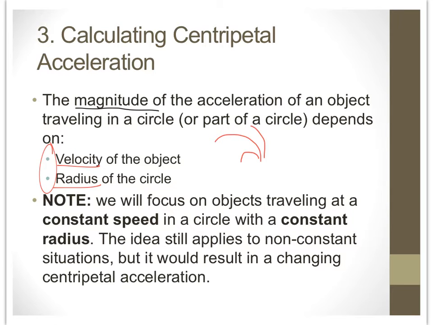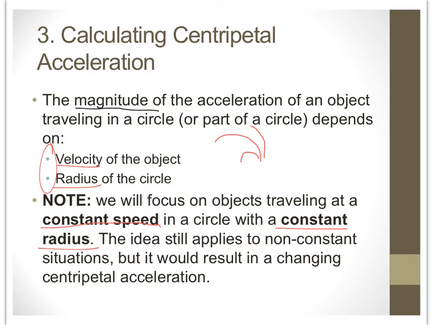One quick note before we go on and look at the equation. We're going to focus for now on objects traveling at a constant speed in a circle with a constant radius. The equation we're about to look at would still be valid if we weren't traveling at a constant speed or if we didn't have a constant radius, but that would mean our acceleration would be constantly changing.